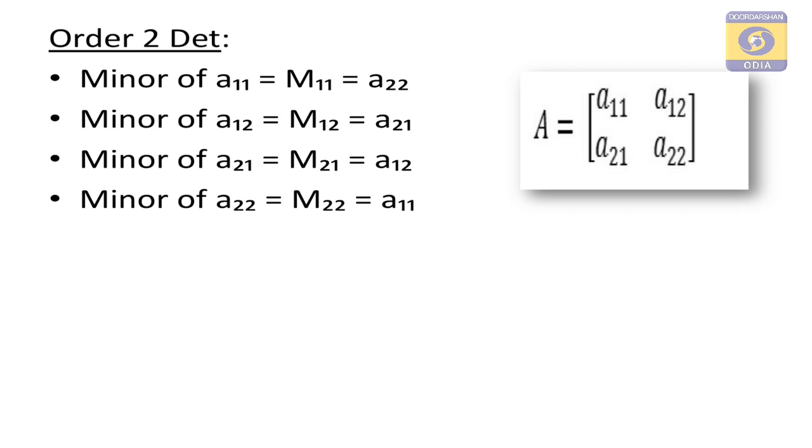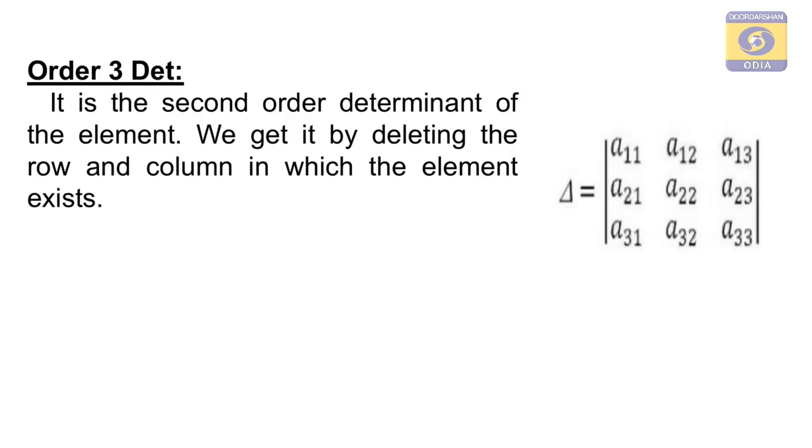All right. Now, how to find out the minors of an order 3 determinant? Let us go to the next slide. For an order 3 determinant, the minor is the second order determinant of the element in which it exists. Here we have to convert this third order determinant to a second order determinant for the element that we are considering. On the right hand side of the screen you can see a third order determinant picture, where the elements are numbered by position. A12 means row 1 column 2, A32 means row 3 column 2, right.